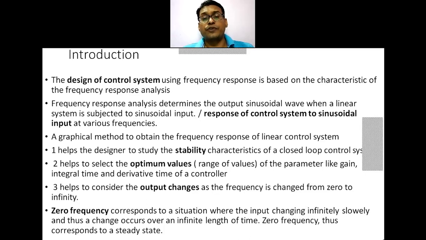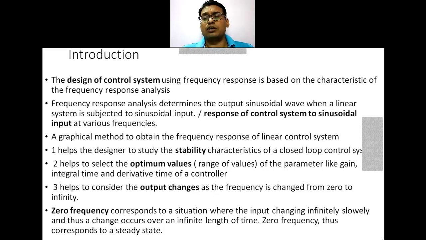A zero frequency corresponds to a situation where the input change is infinitely slow. That means very small variation is observed due to the zero frequency, and thus change occurs over an infinite length of time. Very slow fluctuations are occurring.